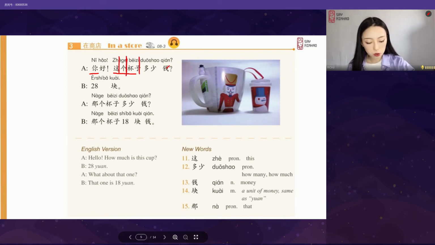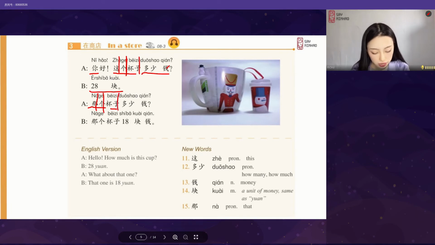个 and noun 杯子, 这个杯子, this cup. 多少钱, how much is it? So this means how much is this cup? It is 28块, 28元. 那个杯子, that cup: 那 plus 个 measure word and plus 杯子, that cup. 多少钱, how much is that cup?